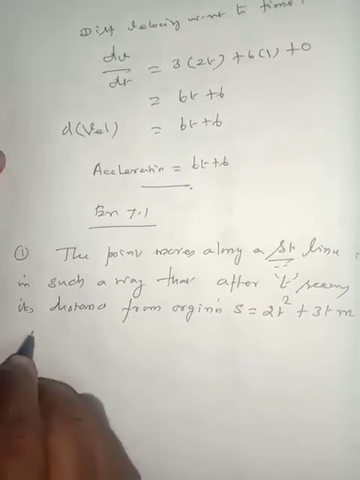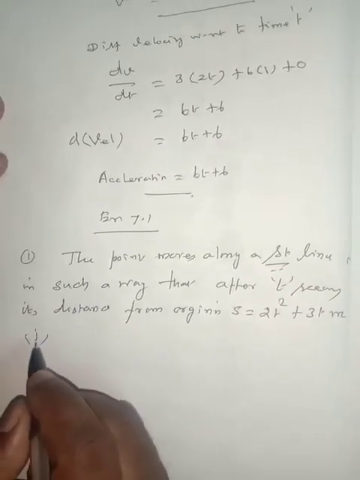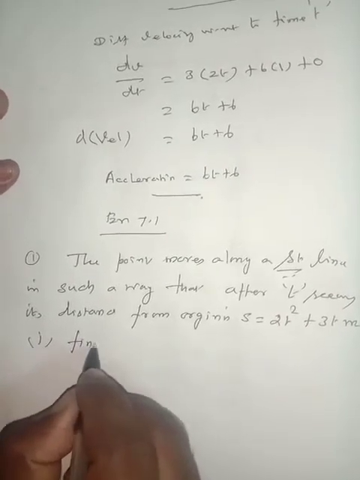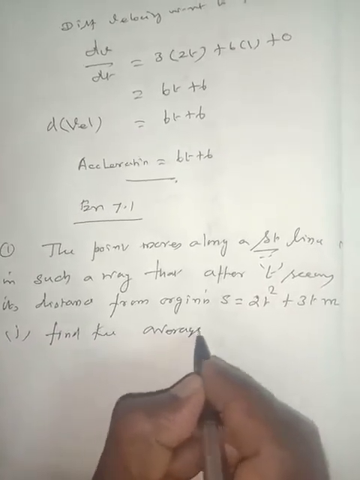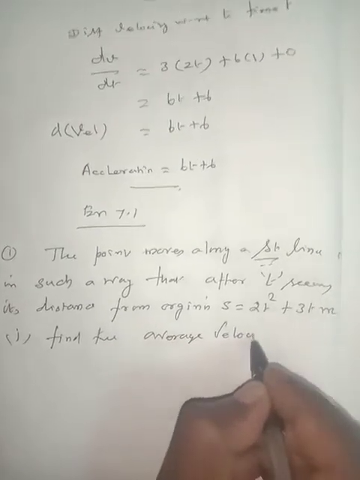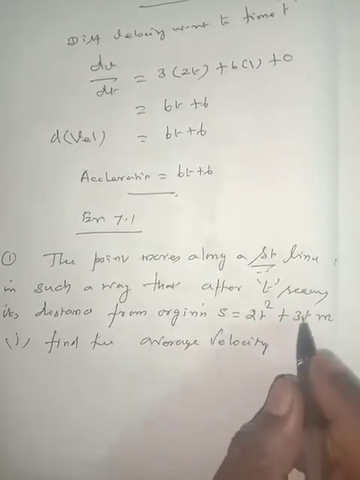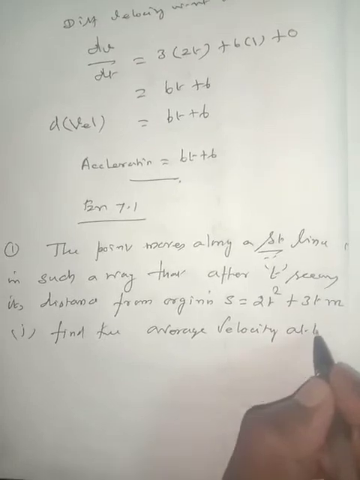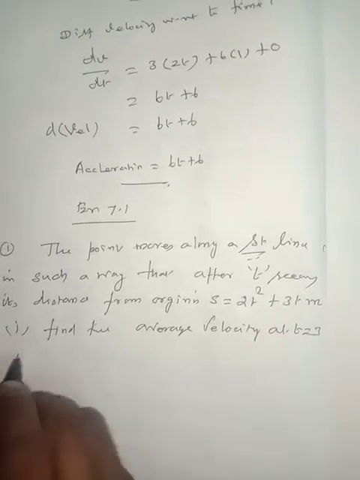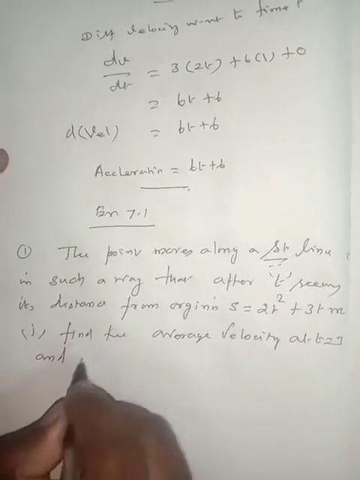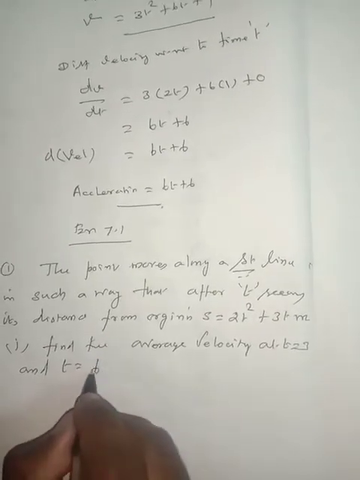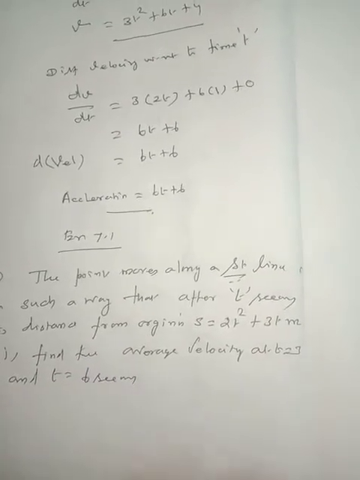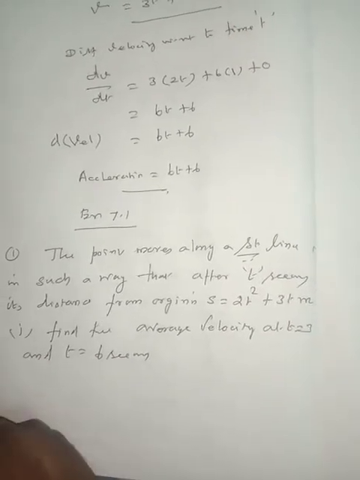Number 1, find the average velocity at t is equal to 3 and t is equal to 6 seconds first.